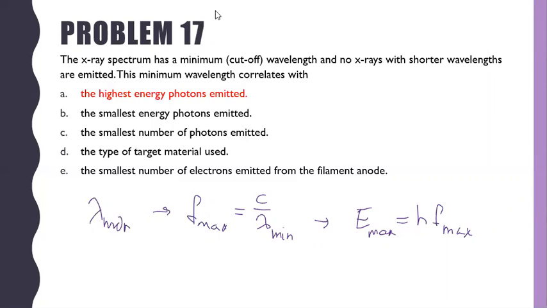But we might ask ourselves, why is there even a cutoff? Well, that's because those photons cannot have any more energy than the energy of the electrons coming in. They came in with some electric potential energy turned to kinetic energy. They came in with their charge times the voltage used to accelerate.